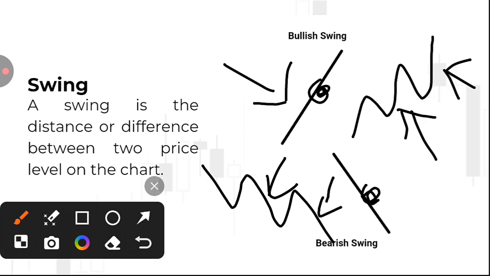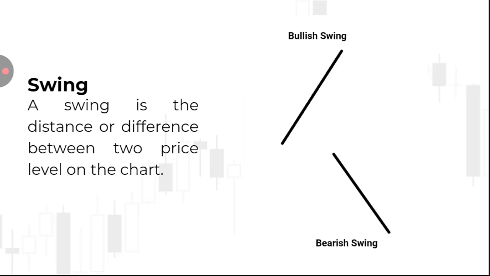This right here is a bullish swing, and this right here is a bearish swing. When price is in a bullish or uptrending environment, price will keep going up, and when price is bearish or in a downtrending market, price will keep going down. That's basically what a swing is all about.